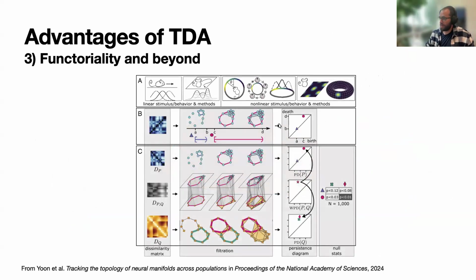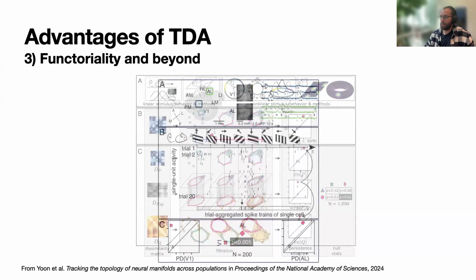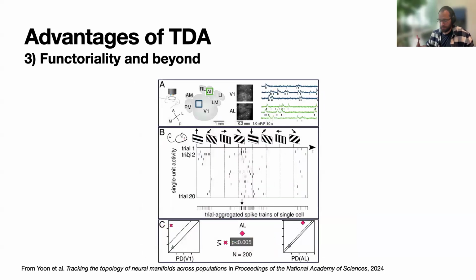They do this great simulation work studying how topological structure moves across neural populations, and they explicitly do that example I showed you, where you're looking at a mouse viewing a Gabor filter, and they see circular topology in V1, and they match that to circular topology in the anterolateral region.